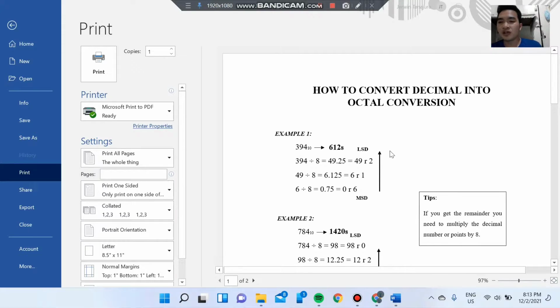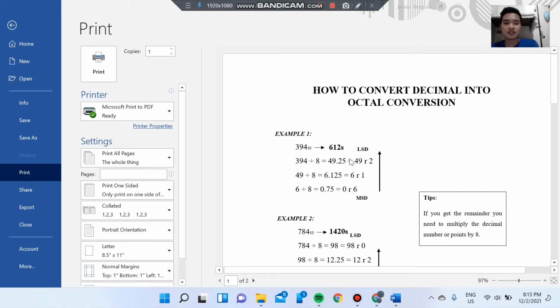When we say octal, that has 8 sides, so 8 numbers. And here is procedure 1. We need to bring down here the 394 and divide it by 8, because 8 is the number that we need to use in order to get the decimal into an octal conversion.